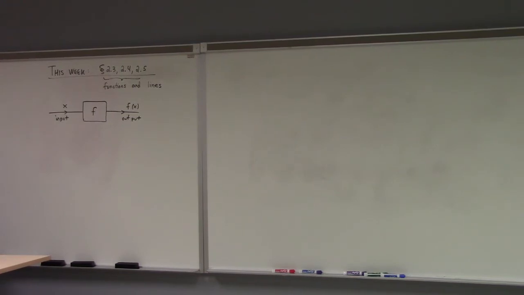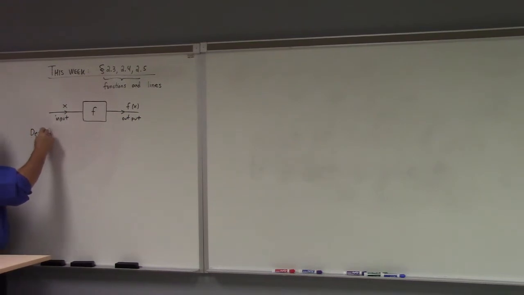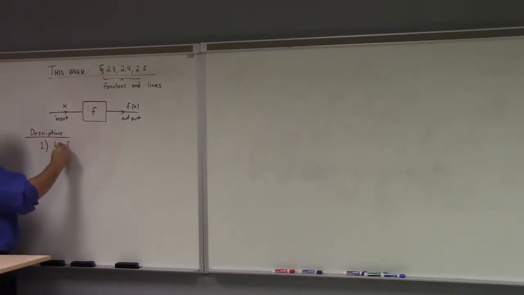So, all right. It's important that for a function to be a function, there has to be a single output for each input, right? Like if you put one input and get 3 outputs, that's not a function, that's something else, all right? And so how do we describe this? Descriptions. So let me first say number 1, by a formula.